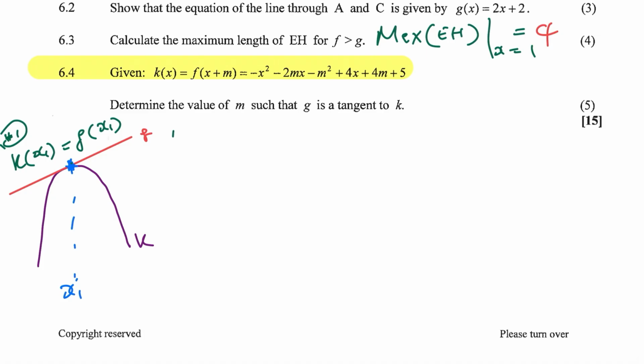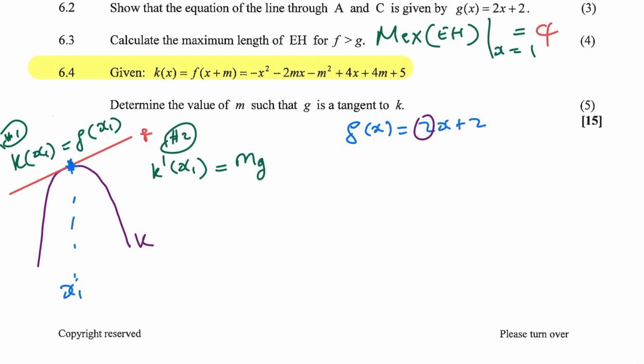This is a relationship between a tangent and a curve. Now, another thing that you need to know is, at this point, the derivative of K is equal to the gradient of G. What do I mean by that? So we know that g of x is equal to 2x plus 2, and this is the gradient of G, the gradient of the straight line.